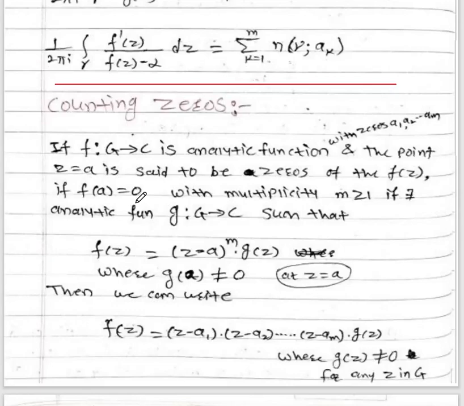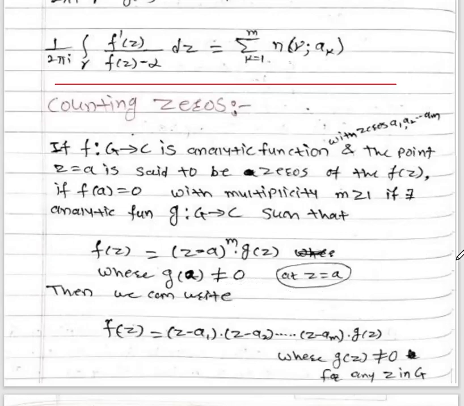If f from G to C is an analytic function with the zeros a1, a2, am, then the point z equal to a is said to be a zero of f of z if f of a equal to 0 with multiplicity m greater than or equal to 1, if there exists an analytic function g from G to C such that f of z equal to z minus a to the power m times g of z, where g of a is not equal to 0.